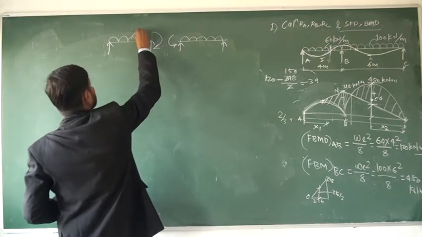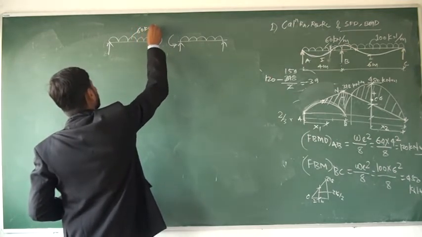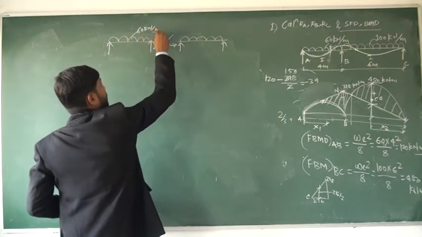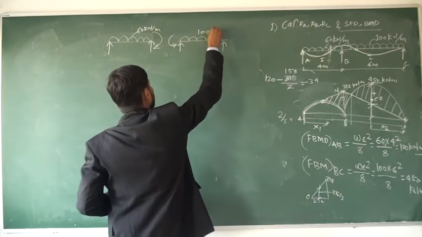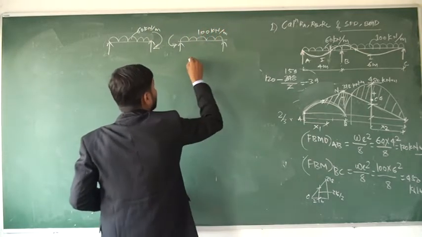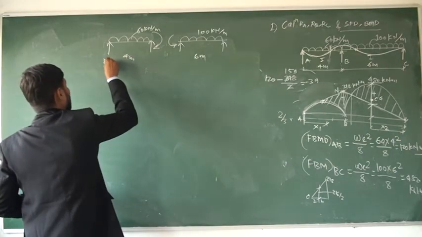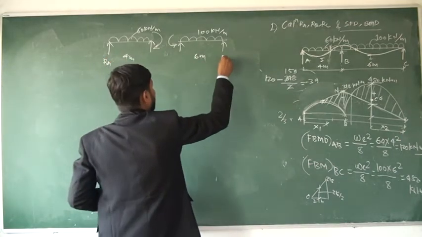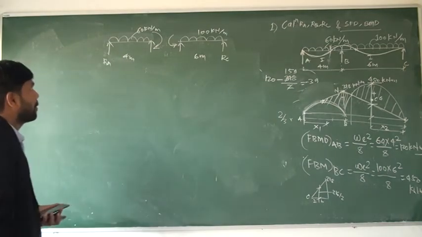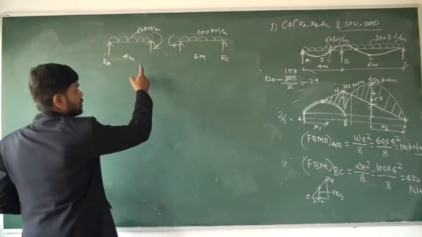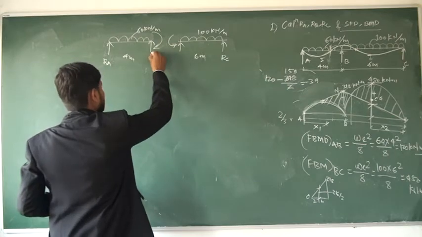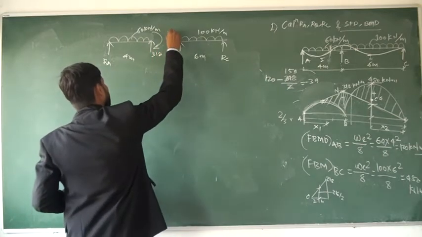This is 60 kilonewton per meter, 100 kilonewton per meter, 6 meter and 4 meter. RA, RC. This moment is 318, this is also 318.